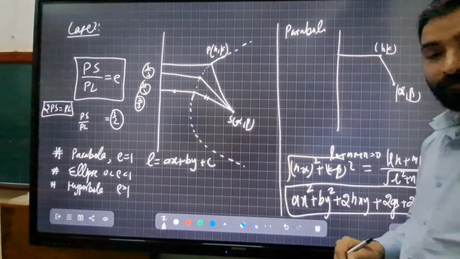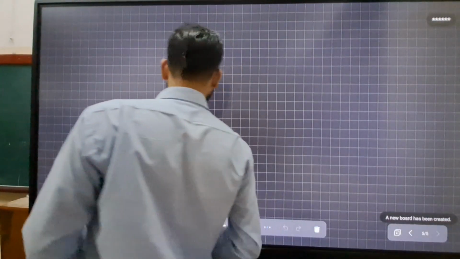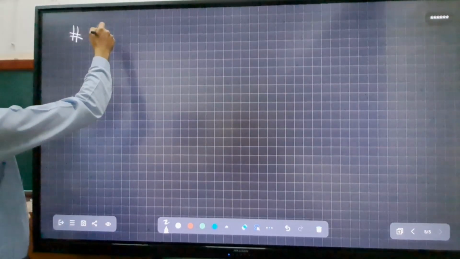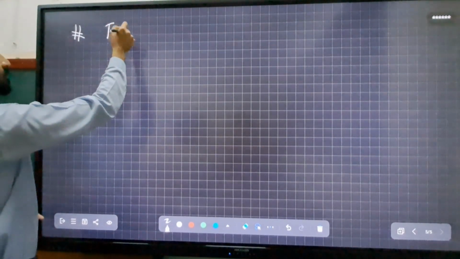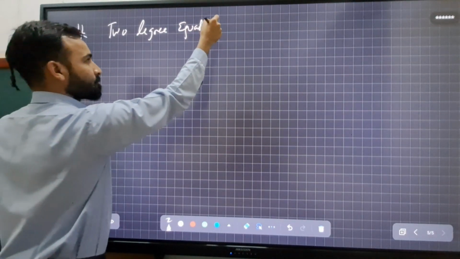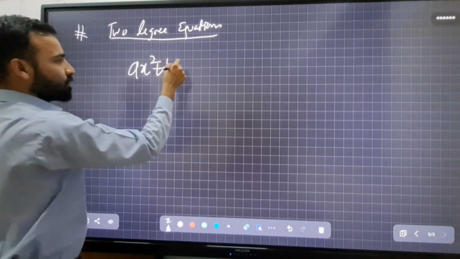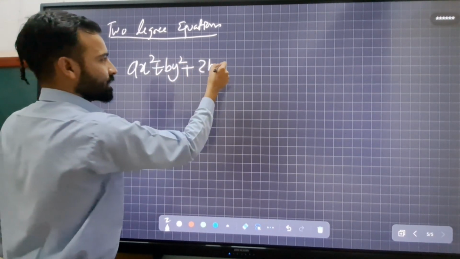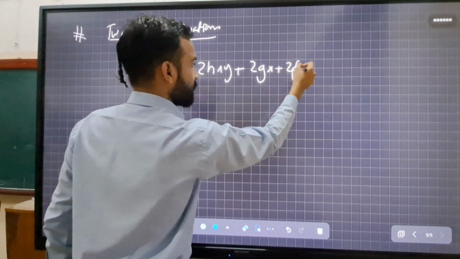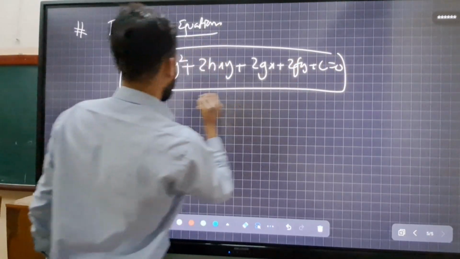This is a 2-degree equation. I will teach this separately as a new concept, the quadratic or 2-degree equation. So what is the 2-degree equation? ax square plus by square plus 2hxy plus 2gx plus 2fy plus c equals 0. This is the equation of a conic.